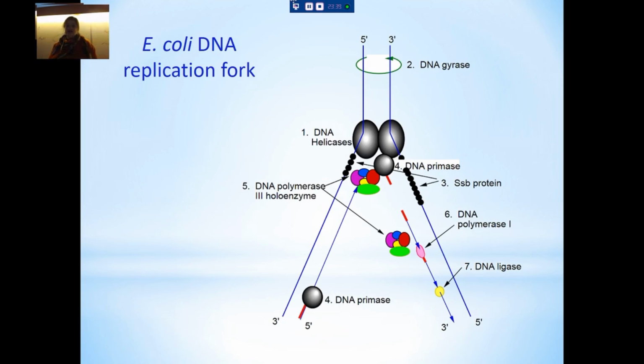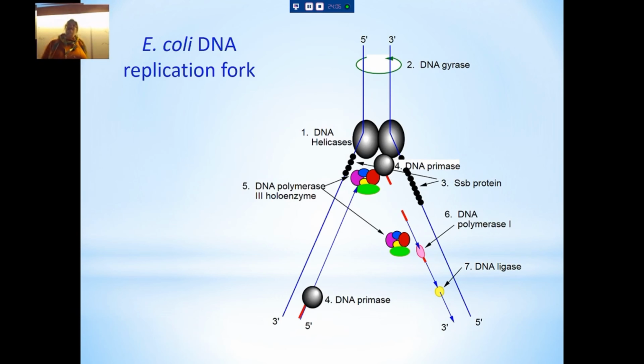Now, this creates some problems. So as helicase is unwinding the double-stranded DNA at the replication fork here, it's creating two short pieces of single-stranded DNA. Nobody likes single-stranded DNA. Single-stranded DNA is a sign of viral infection.